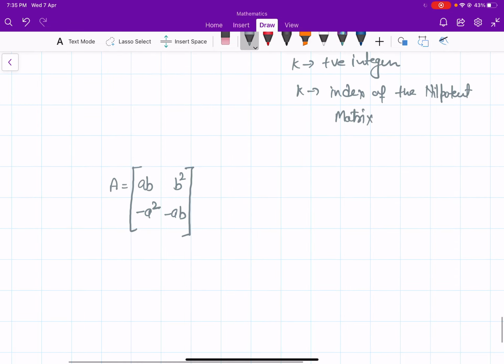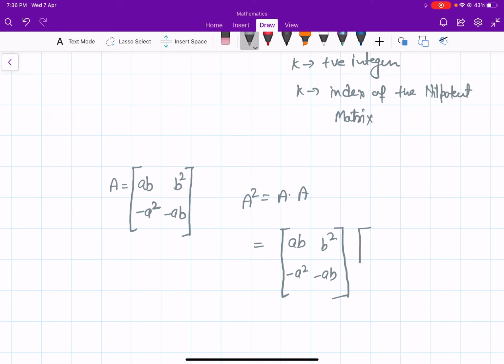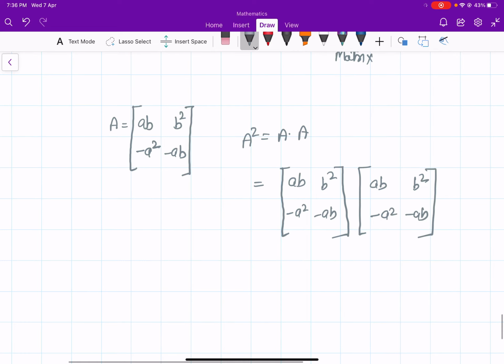So this is the matrix A. So A square will be A into A, that is AB, B square, minus A square, minus AB. If we multiply row by column, we will get 0 0 0 0.